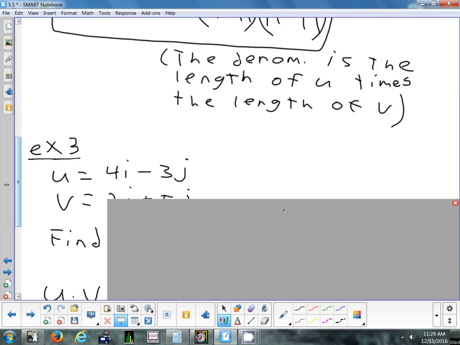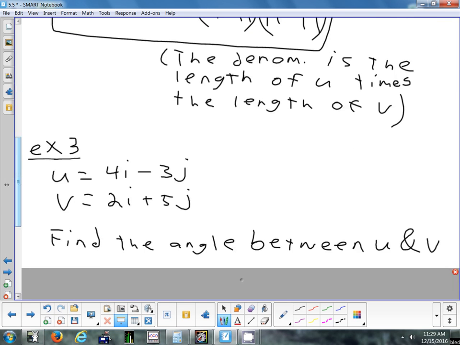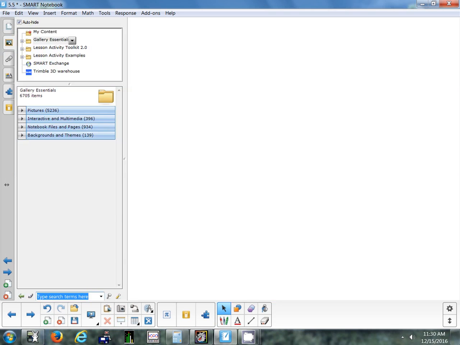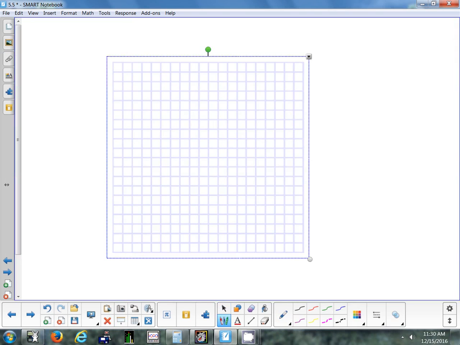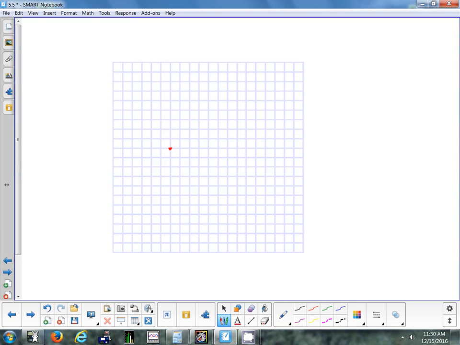All right, so I have these two vectors, and I want to find the angle between them. First, let me just sketch them, so maybe we can get an idea, or estimate what we think the angle should be. I've got 4i minus 3j. I'm going to start right there for both of them.